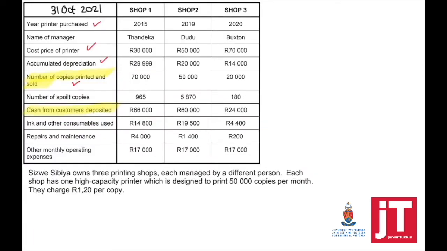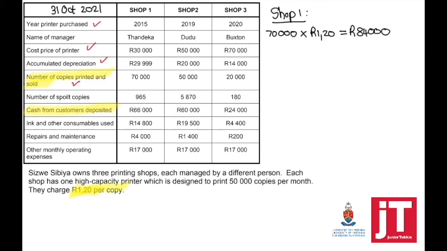I can also now look at the number of copies printed and sold, and we compare it to the cash from customers deposited. Again, what I mentioned earlier, there's a reason why they provide you with the information. They said they charge R1.20 per copy. So if we now look at shop number 1, they've made 70,000 copies.